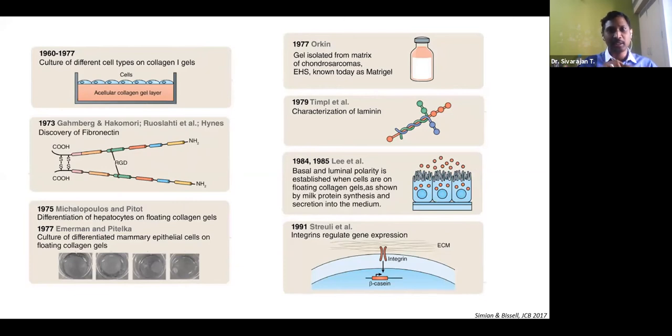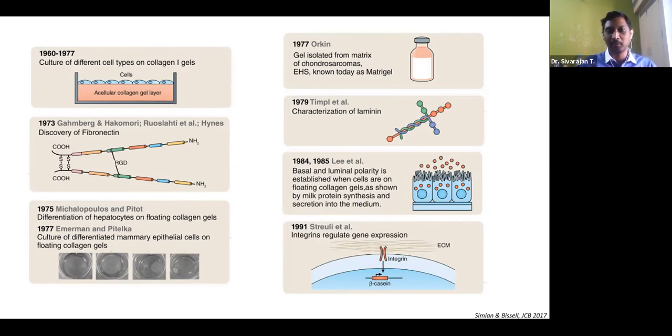In 1984-85, certain experiments by Lee et al. showed that in floating collagen gels, when you put mammary epithelial cells, they show polarity, and because of the polarity and differentiation, these mammary cells also excreted casein or milk proteins into the media. A fantastic experiment.